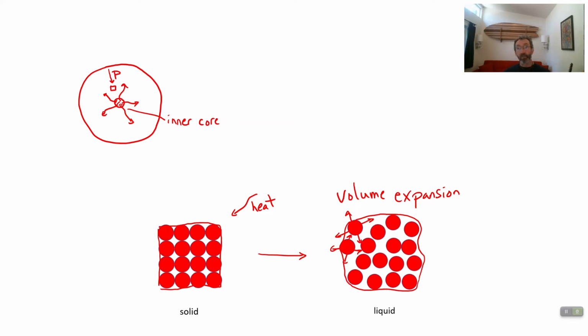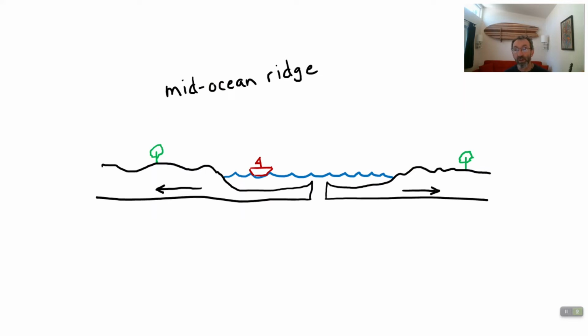Now there are areas on the planet where there's less pressure, and one of these areas is a mid-ocean ridge. We'll talk about mid-ocean ridges in a later lecture, but for now, we can just understand a mid-ocean ridge as an area where two tectonic plates are pulling away from each other. So we have this tectonic plate on the left, this one on the right, and you can see by these arrows that they're moving away from each other.